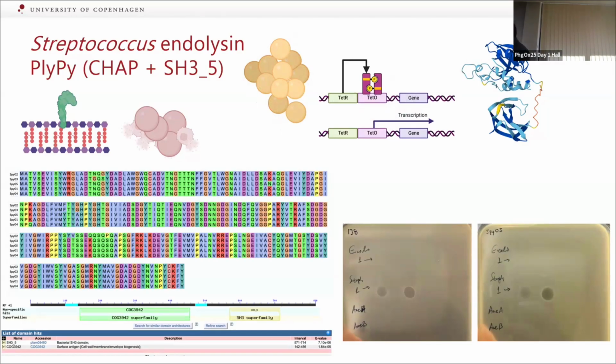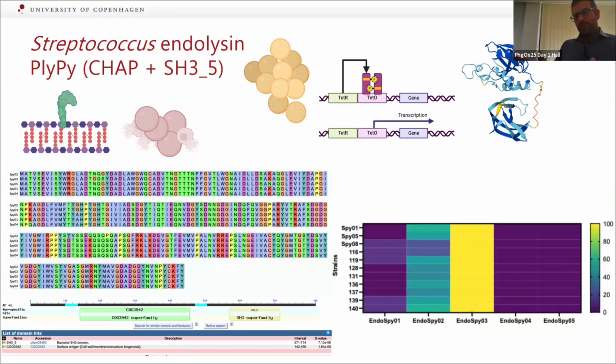You can see that these spots are showing the inhibition of bacterial growth. So 2 of them seem to have worked. If we put them in a heat map, we will see that number 3 was quite efficient against all the strains. These were clinical strains and also collection strains from different places.